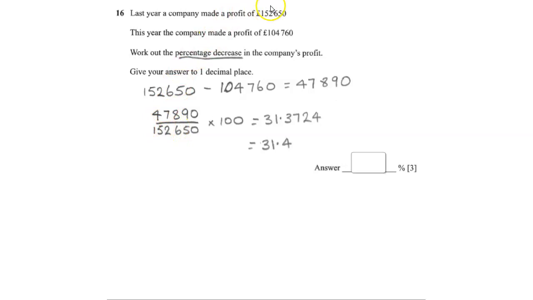You put the starting value, or the first number that they put up there, 152,650, at the bottom of the fraction. To change this fraction into a percentage, we times it by 100. So we get 31.3724%, but the question is asking you to give your answer to 1 decimal place, so that should be 31.4%.